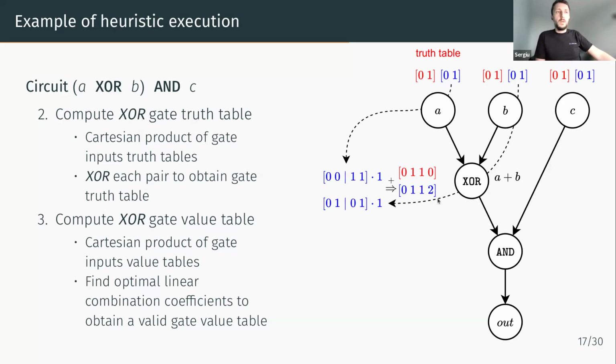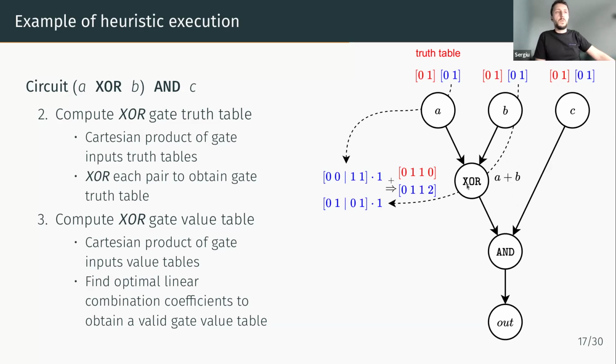So we obtain a value table for this node, which is valid because, as you can see, this value table can distinguish all the elements of the truth table, and we keep track of this linear combination for each node.